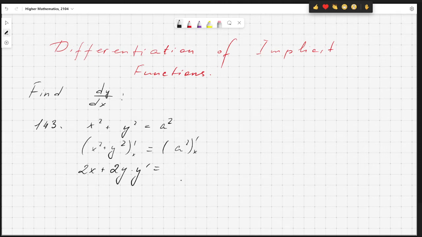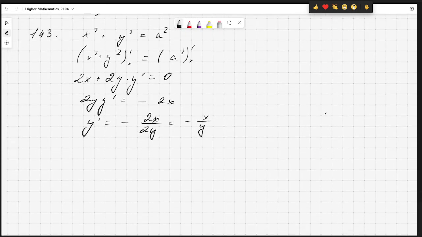A is a constant because its derivative is 0. From this, 2y y prime is minus 2x, and from this y prime is minus 2x over 2y, or just minus x over y. Answer: y prime, dy over dx, is minus x over y.